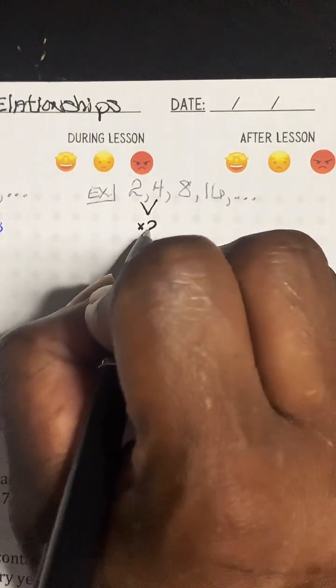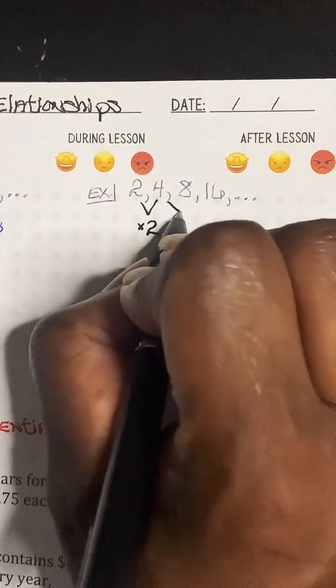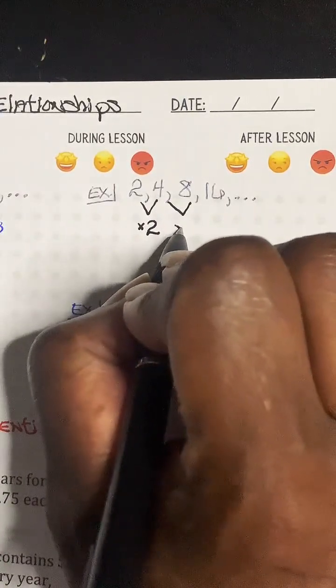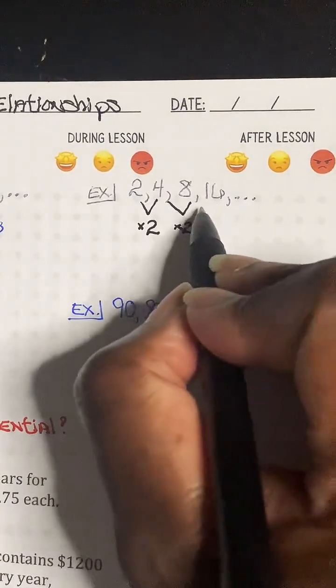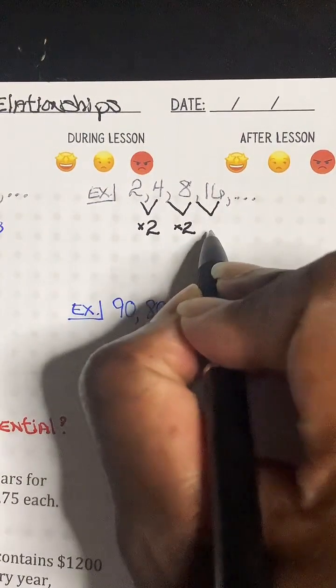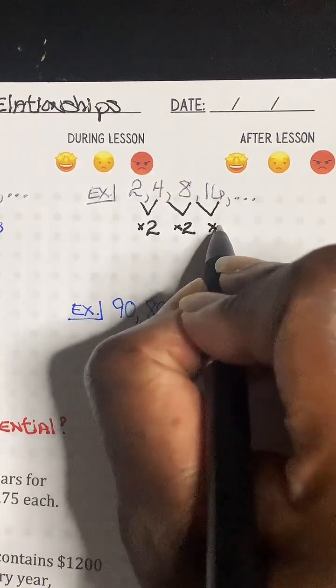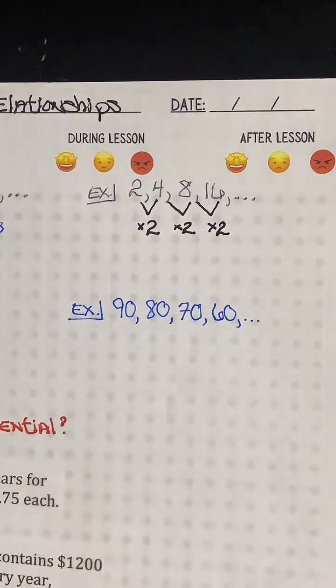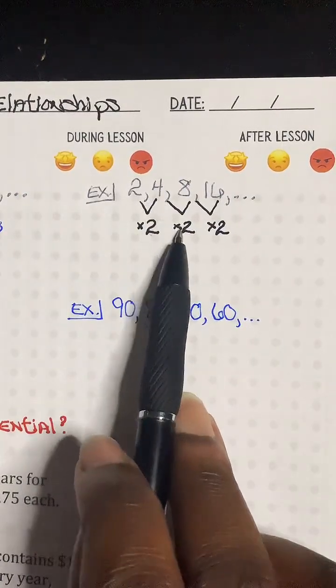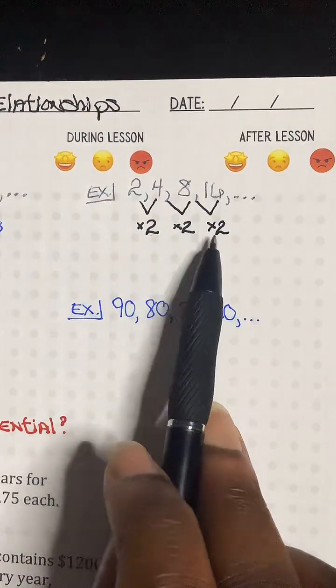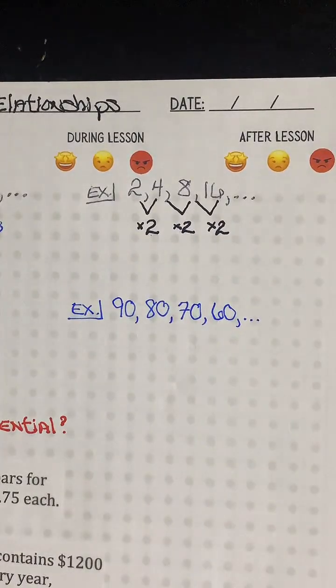I know I'm using an X, I don't like it, but I have to. The pattern is that I am basically multiplying by 2. So 2 times 2 gives me 4, 4 times 2 gives me 8, 8 times 2 gives me 16.